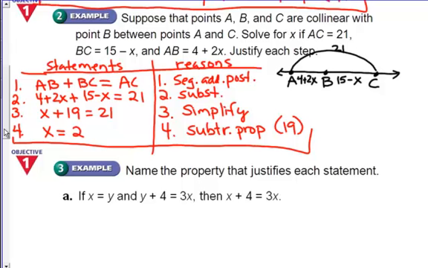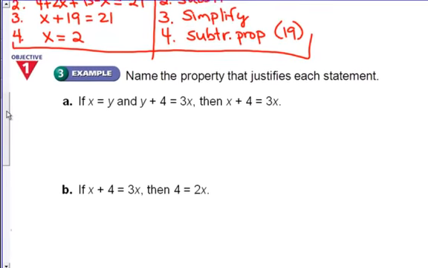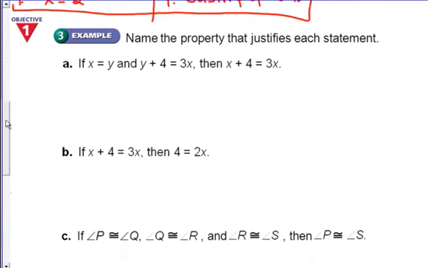Okay, now using your property sheet, we have to name these properties. What you're doing is you're given this if statement, and you have to ask yourself, what are you doing to this given information in order to say this conclusion? So something's happening. And so when I do this, I say, well, what's the same? The 3x is the same.